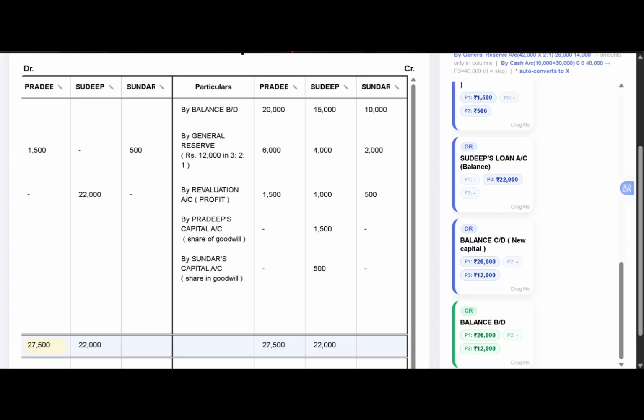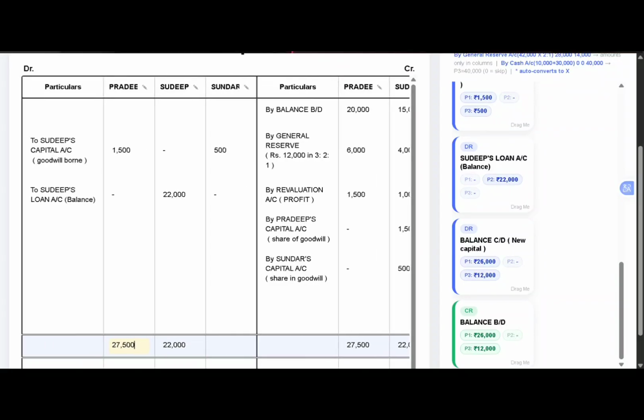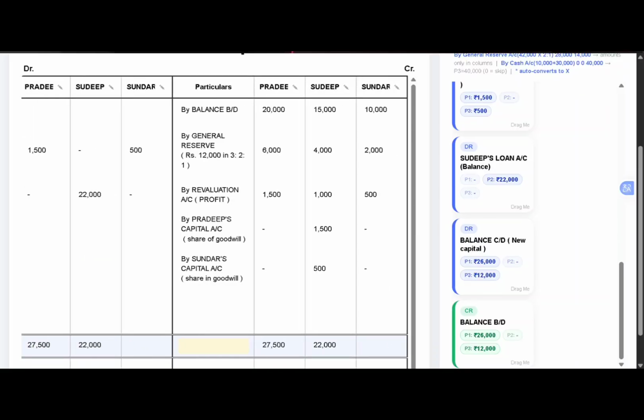So the balance of the continuing partners should be written as to balance carried down, which will be the new capital of the partners. So now Sundar's total of the capital account will be 12,500. So for his account also the credit side is higher, 12,500.